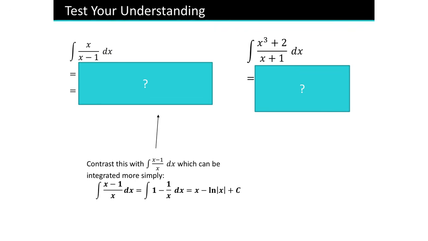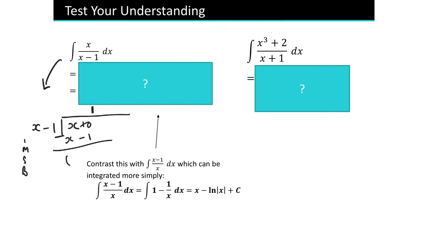Okay, so to test your understanding, we can see this is top heavy. We're going to do some division. X minus 1 into x. So what we're going to get is 1. Multiply x minus 1.